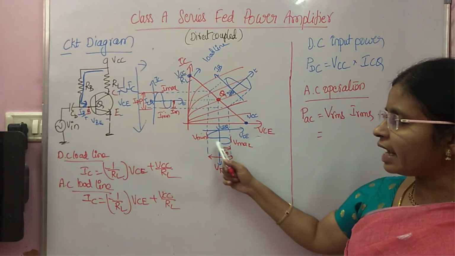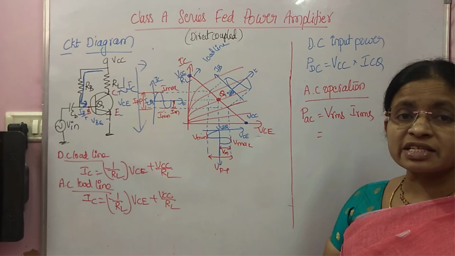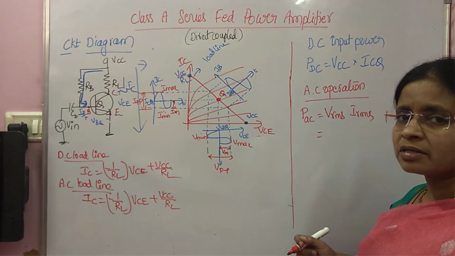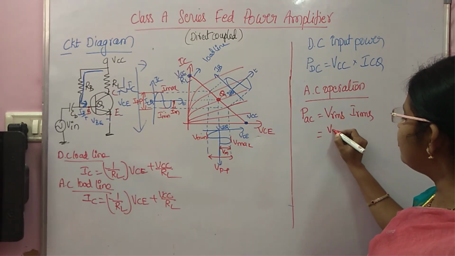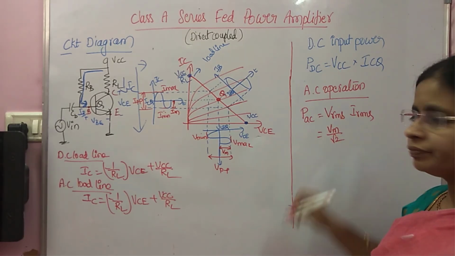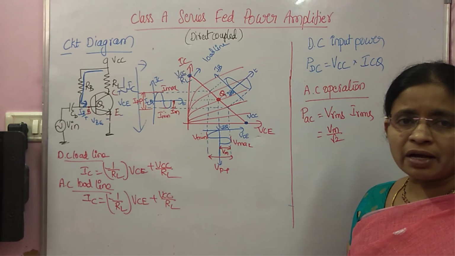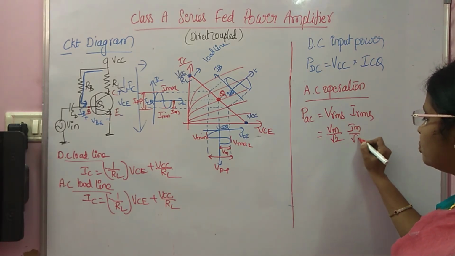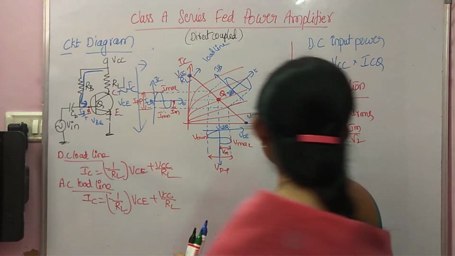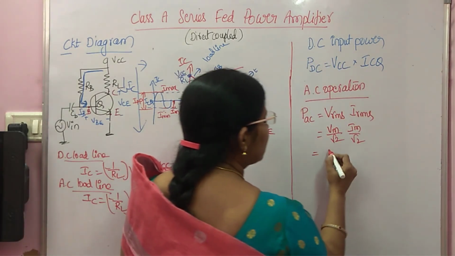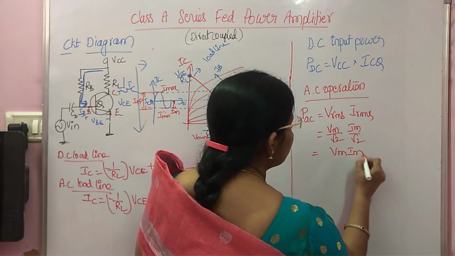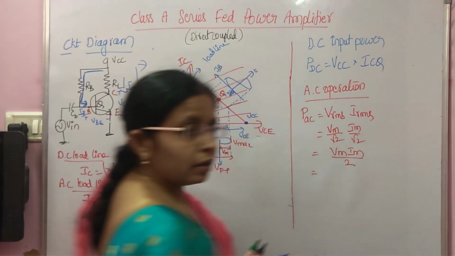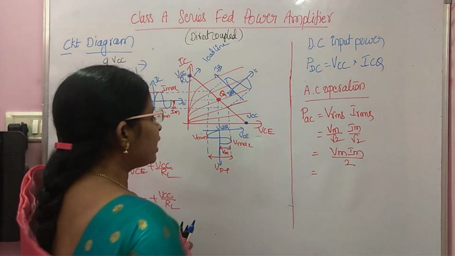Voltage and current are both full sinusoidals. For full sinusoidals, what is VRMS? Vm by root 2, where Vm is the peak value of voltage. And IRMS is Im by root 2. So the product will be Vm Im by 2. Now how to write Vm?